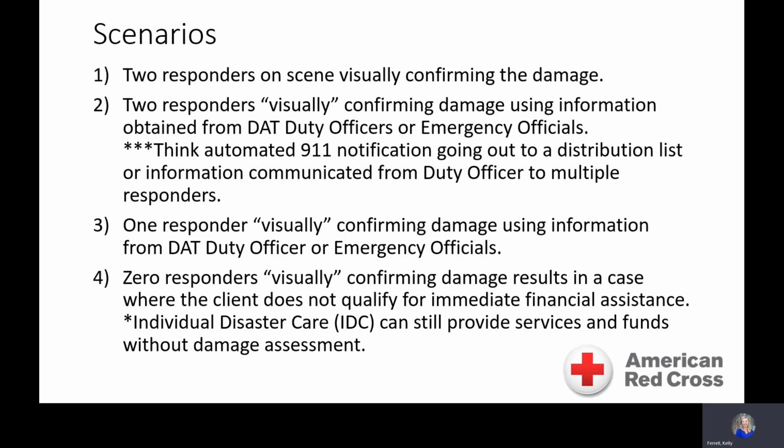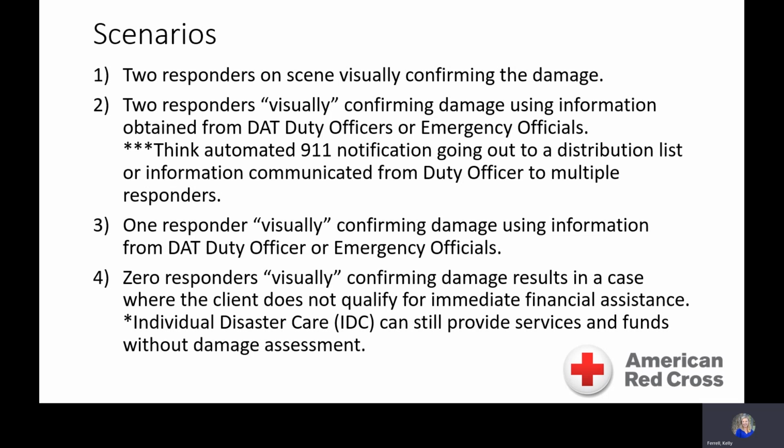As I mentioned, we'll walk through several scenarios. The first scenario is if 2 responders are on scene visually confirming the damage, as we would prior to COVID. The second scenario would be 2 responders visually confirming the damage using information obtained from DAT duty officers or emergency officials.